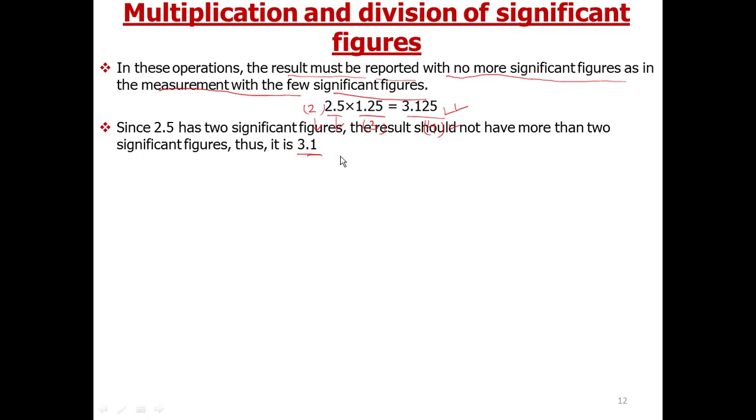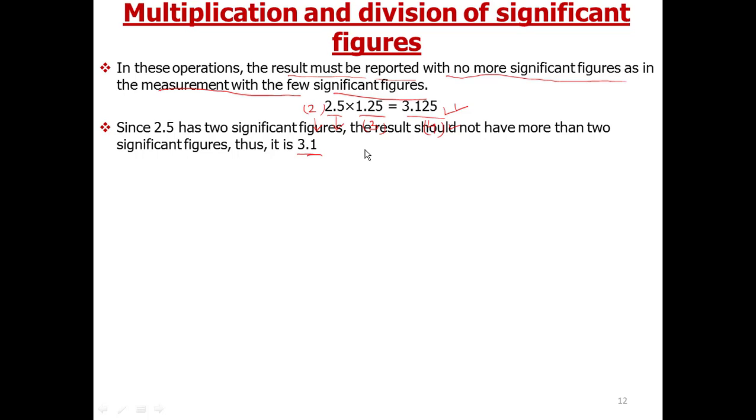So when we have to multiply significant figures, in order to check the result, our result should not have more significant figures than the measurement with the fewest significant figures. Similarly, in addition and subtraction, we have to count the number of digits after the decimal point.